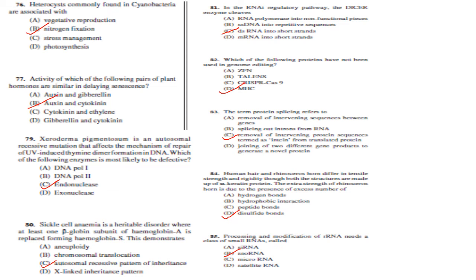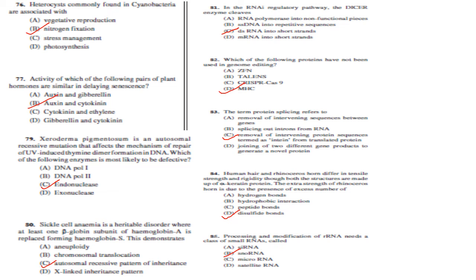So Xeroderma pigmentosum is an autosomal recessive condition, and it affects the mechanism of UV damage induced thymine dimer repair in DNA. So the enzyme likely to be defective is endonuclease. Answer is option C.